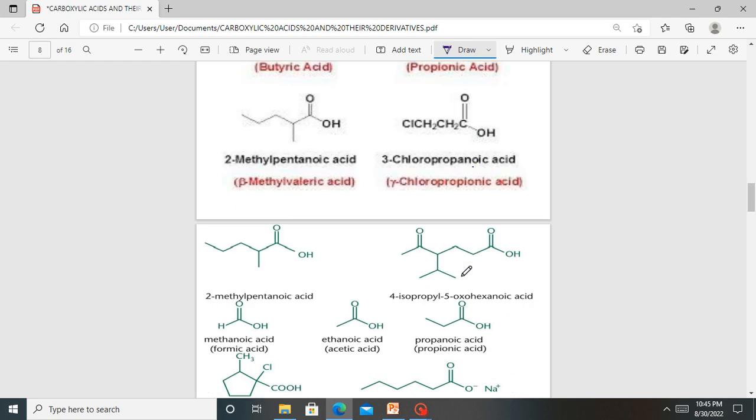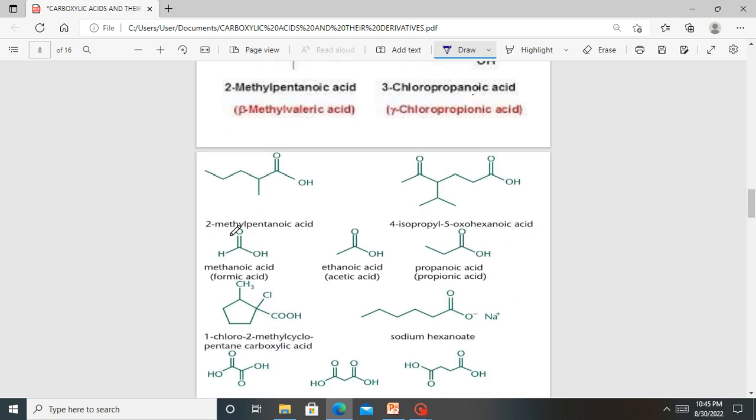Let's look at some other complex names. We have 2-methyl pentanoic acid, 4-isopropyl 5-oxohexanoic acid. So this is the isopropyl group and this is the oxo group. So a ketone on the main chain is named as oxo. So it becomes 4-isopropyl 5-oxohexanoic acid.